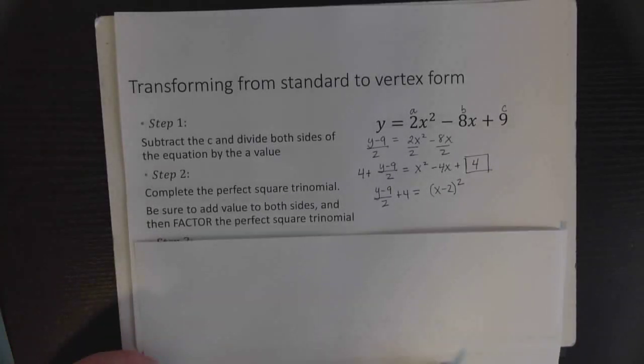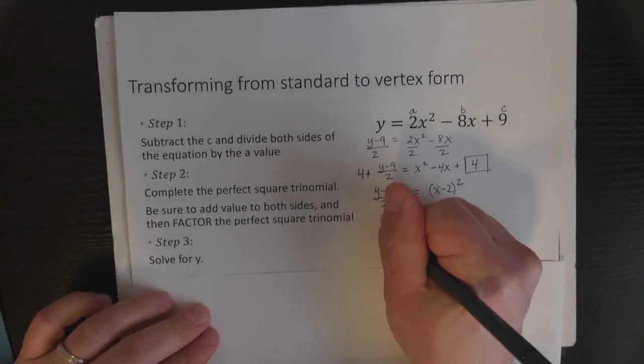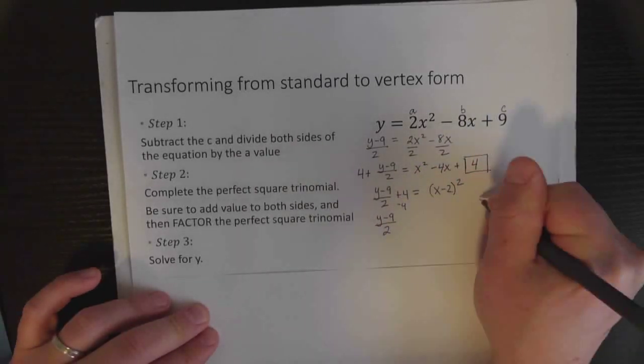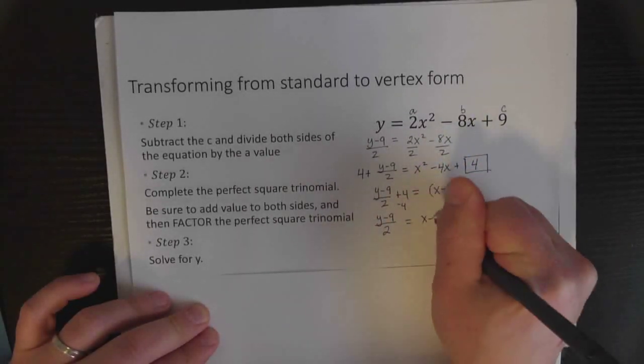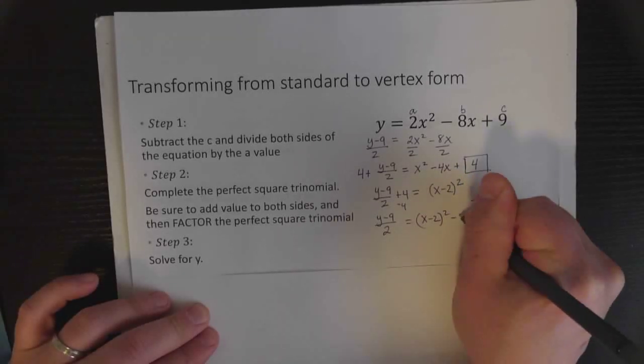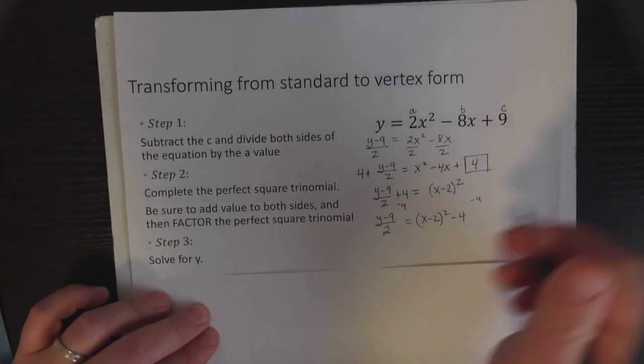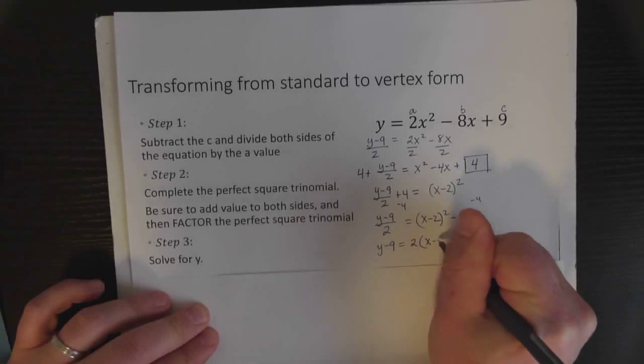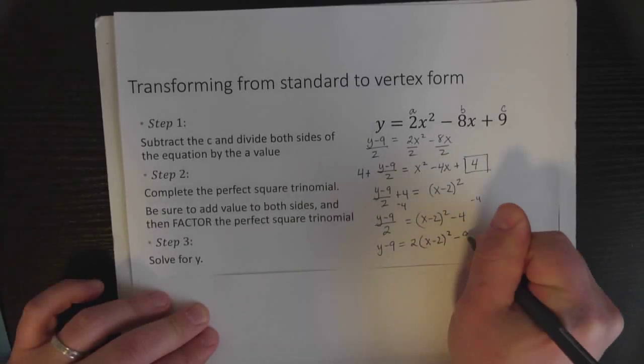The last step is solve for y. So y minus 9 over 2, I'm going to subtract 4 from both sides, equals x minus 2 squared minus 4. Multiply everything by 2. y minus 9 equals 2 times x minus 2 squared minus 8.